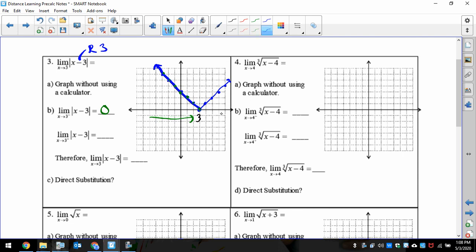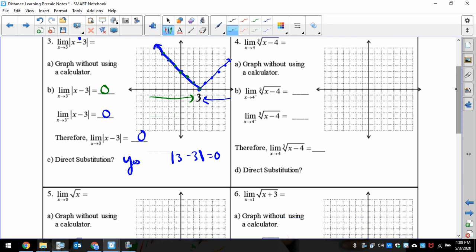So now let's come from the other direction. So coming from the right of 3, watch the y values. The y values are going down, and as soon as we get to 3, the y value is 0. The left and right limits meet up, so we're at 0, and yes, you can go ahead and directly substitute. If you plug in 3, you just get 0. So this, for continuous functions, is rather straightforward.